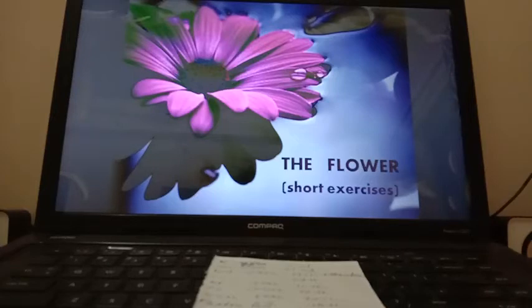Number 3, pollination through the agency of insects is known as ornithophilus. It is also false. In place of ornithophilus, it should be entomophilus. Number 4, the fusion of male and female gametes is called syngamy.